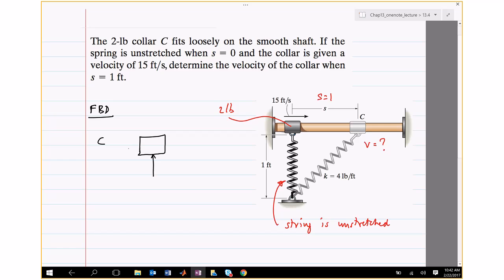So the question is, would the shaft exert a force in the x as well as y direction, or no? There's no friction. This is a friction-free problem. Now, will there be a force in this way from the shaft, or no?